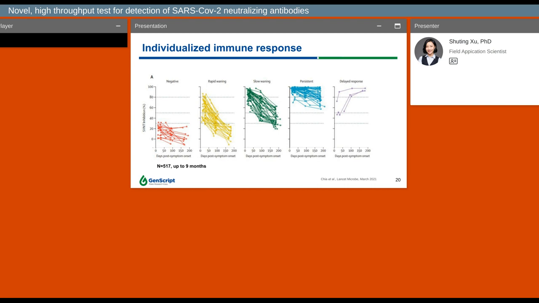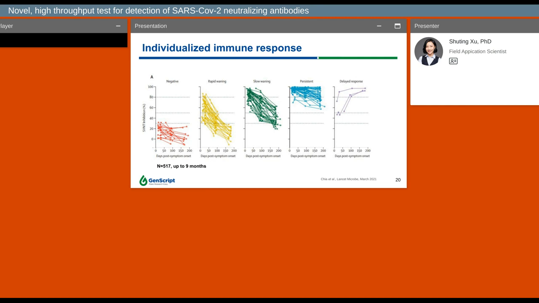The second group, which the research group called rapid waning, seems to have a high enhancement of neutralizing antibody immediately when exposed to the virus. However, this response does not last and rapidly drops to almost negative within 2 to 3 months.